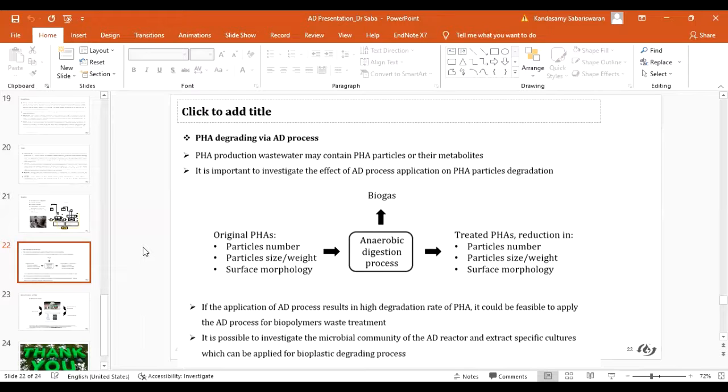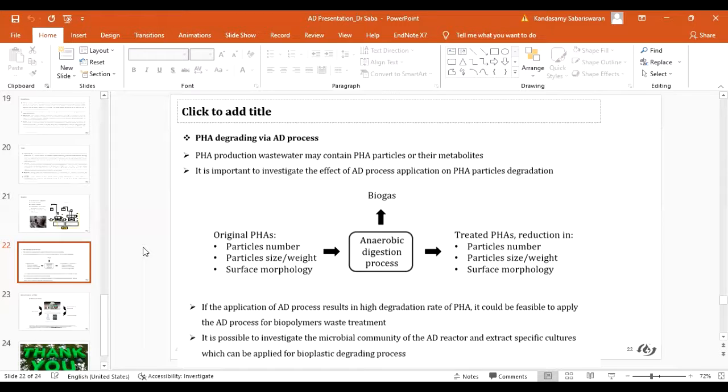Anaerobic digestion also properly treats particle number, particle size, weight, and surface morphology. If the application of the AD process results in a high degradation rate of PHA, it could be feasible to apply the anaerobic digestion process for biopolymer-based treatment.